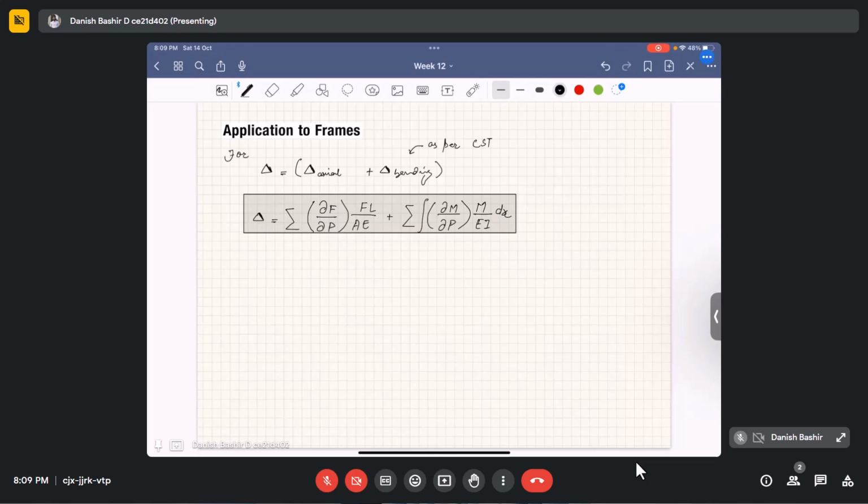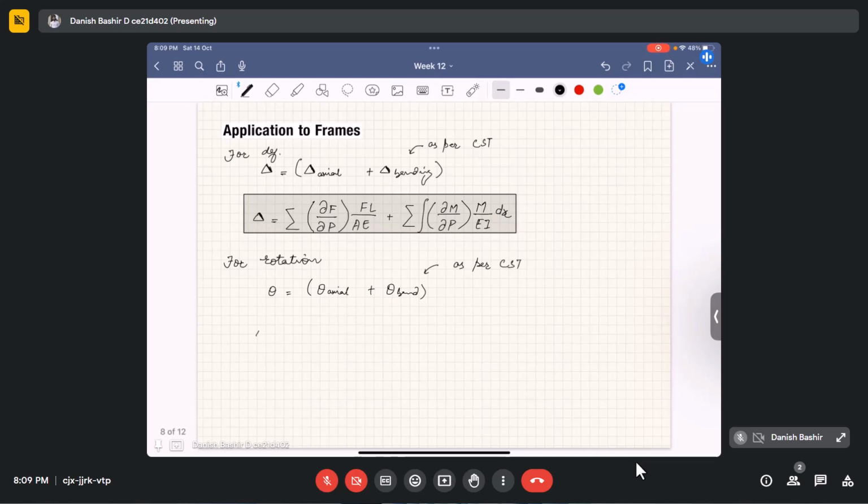For rotation, theta total will be theta axial plus theta bending as per CST.